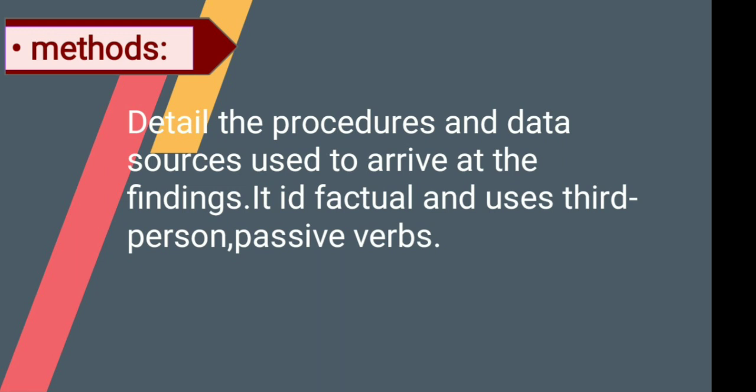It explains how data was collected, who the participants were, if applicable, and any specific tools or analytical approaches that were employed. It remains factual and objective, consistently using third-person passive verbs to describe the actions taken.